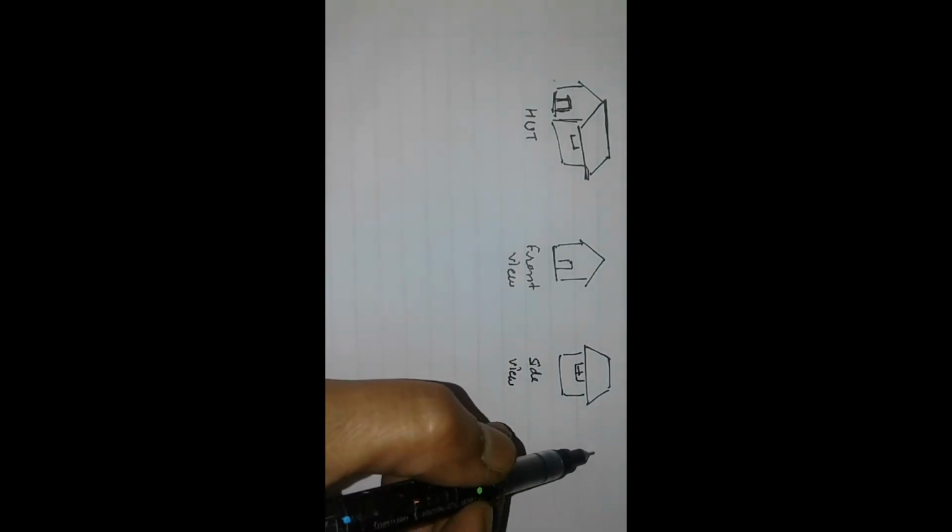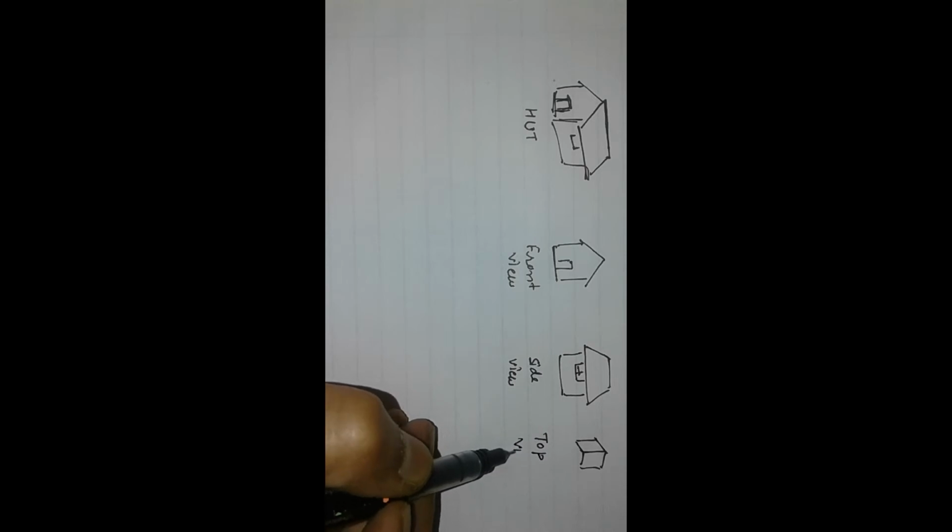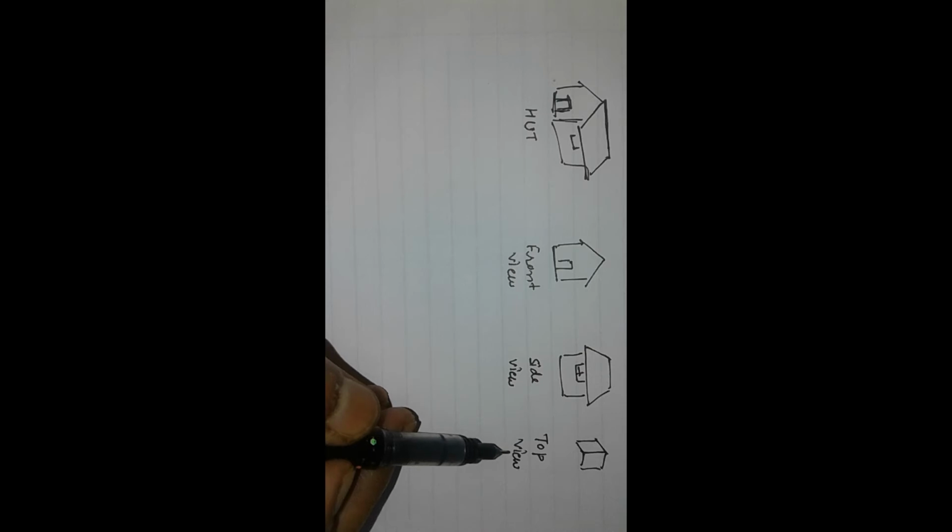And if you draw like this, you see this will be the top view. So the hut is this shape, but if you see it from different views, the front view will be like this, then the side view and the top view.